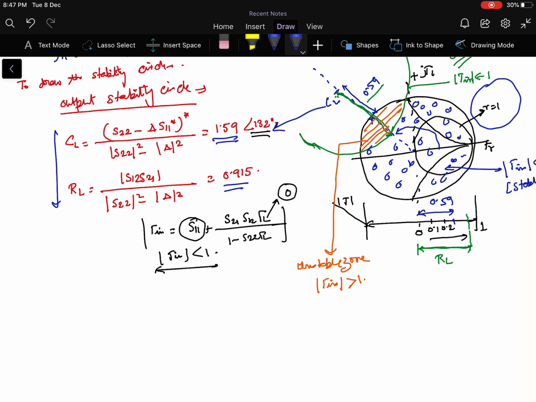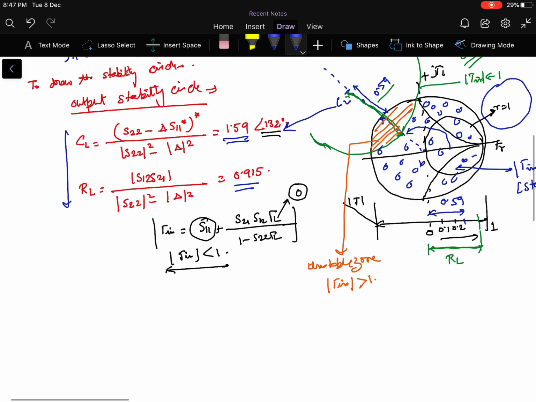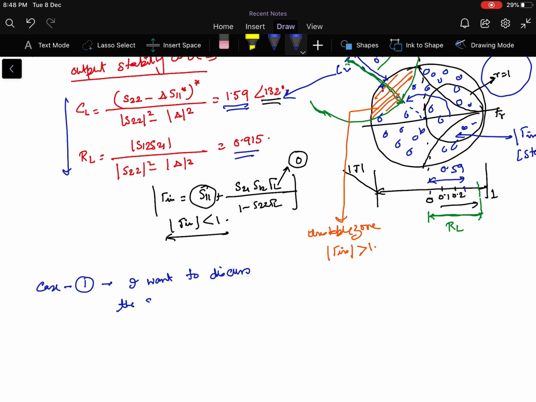Now I will talk about one important problem. One case I want to discuss is stability achievement using a resistive element.